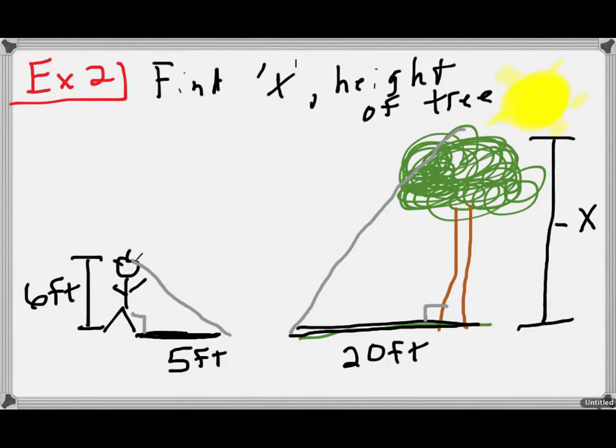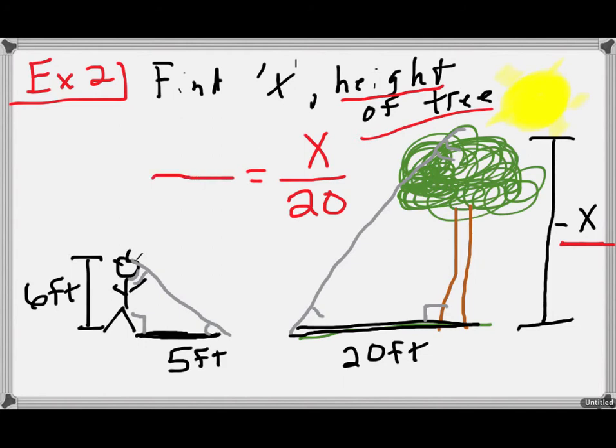And their angles should be the same measure. I kind of look at it this way when I'm setting up a ratio and proportion. What am I looking for? X. X represents the height of the tree, right? Well, what's the shadow length of the tree? 20. So there's my ratio there.